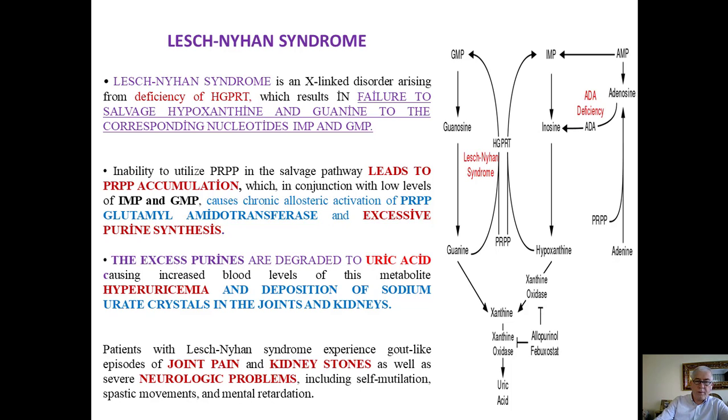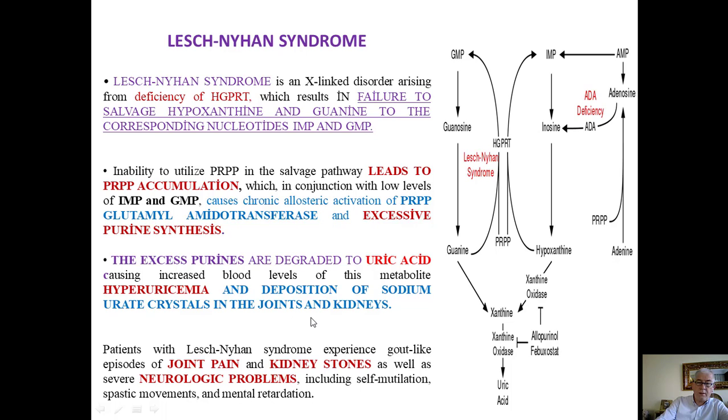This leads to PRPP accumulation, and this PRPP goes to de novo synthesis and increases AMP and GMP concentration, and at the end of this stage we have excess purine synthesis.